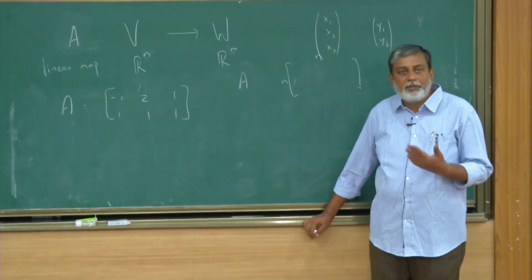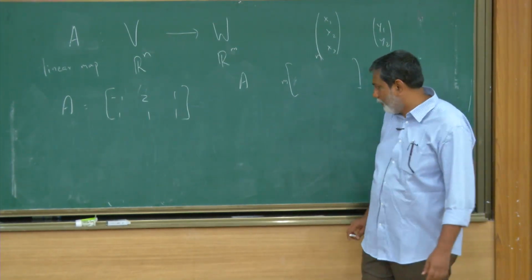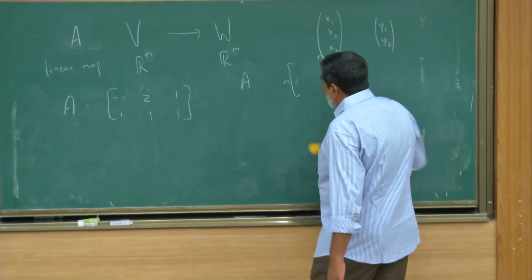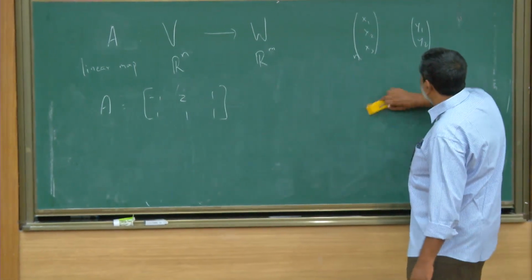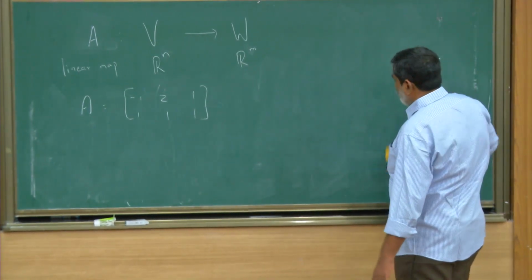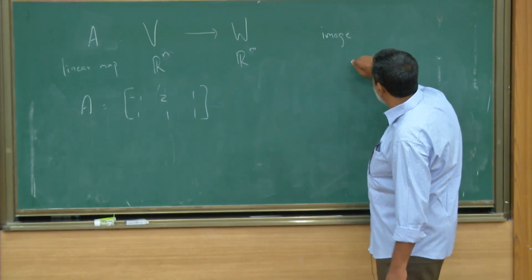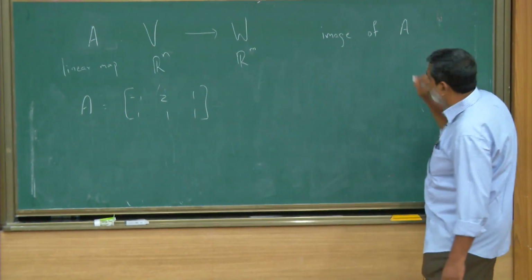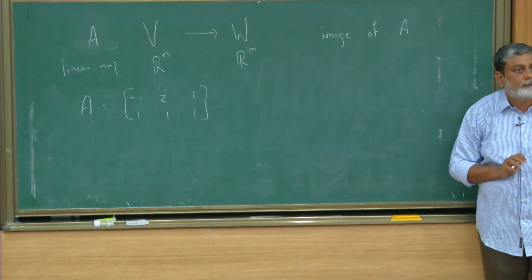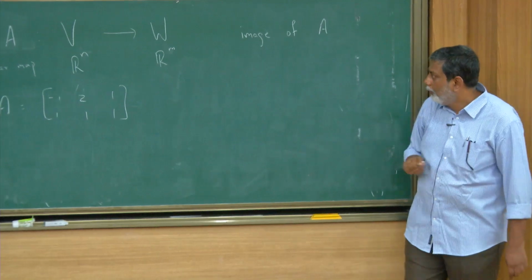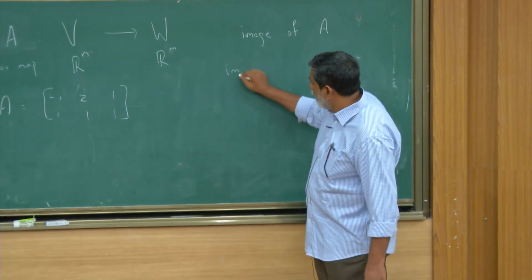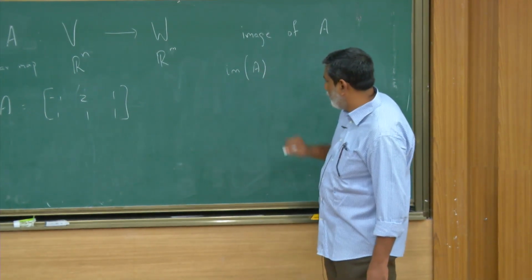So let's look at what these subspaces are. The first one of them is what I would call the image of A. I would denote this with im A.